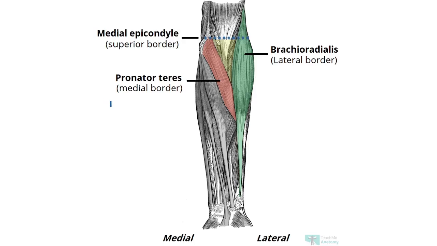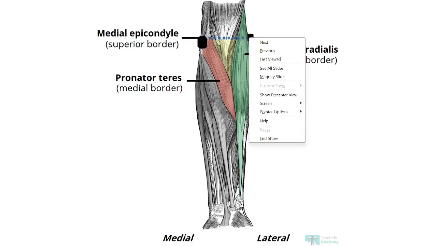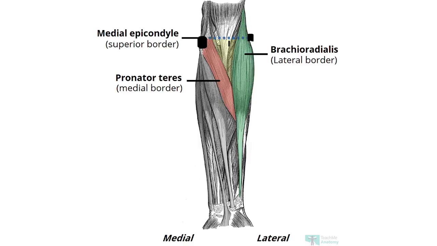In anatomy, once you describe the cubital fossa, you need to look at its location and its borders. You should know this is between two points of the humerus, the medial epicondyle and the lateral epicondyle, and the imaginary line that connects the two.